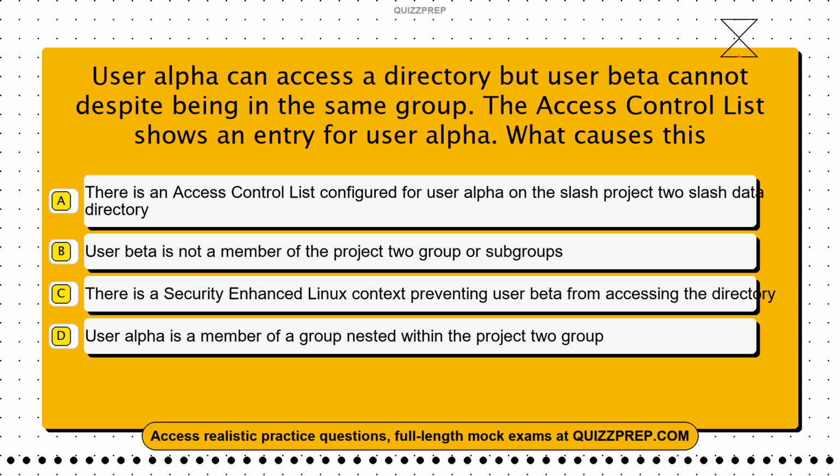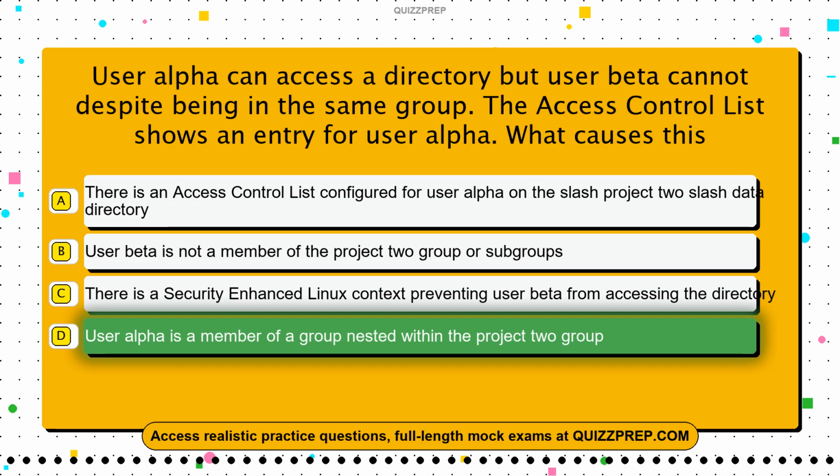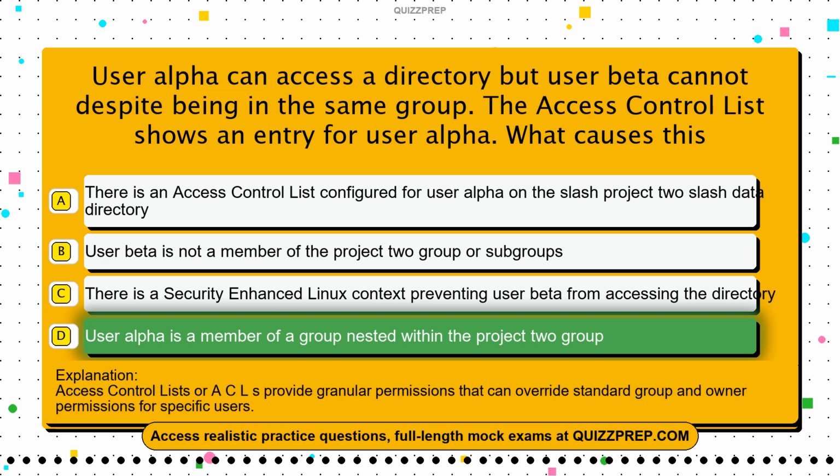Option D. User alpha is a member of a group nested within the project2 group. The correct answer is option D. User alpha is a member of a group nested within the project2 group. Access control lists, or ACLs, provide granular permissions that can override standard group and owner permissions for specific users.